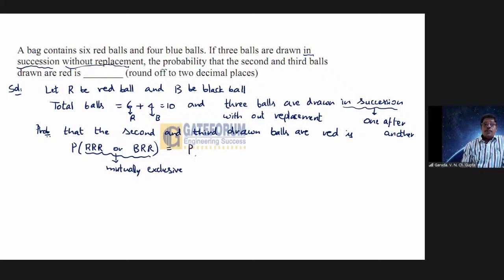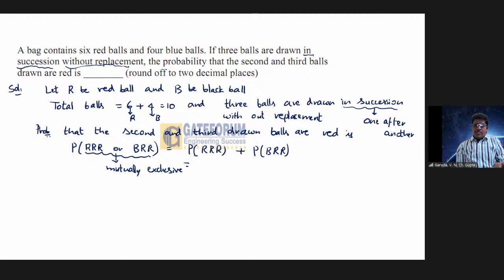Now this is probability of RRR plus probability of BRR using the multiplication theorem. Without replacement relates to dependent events, conditional probability.